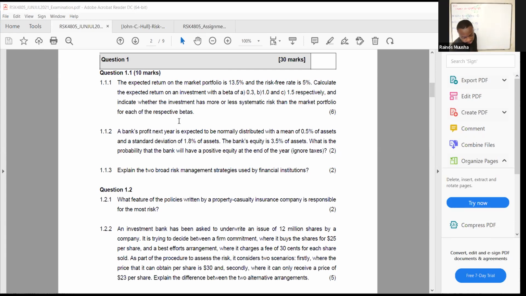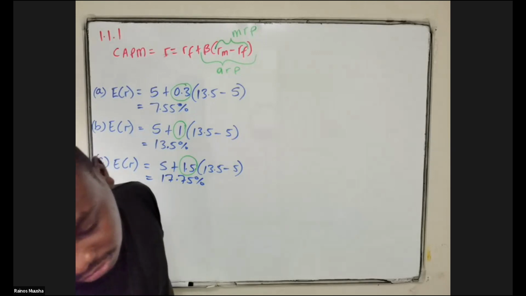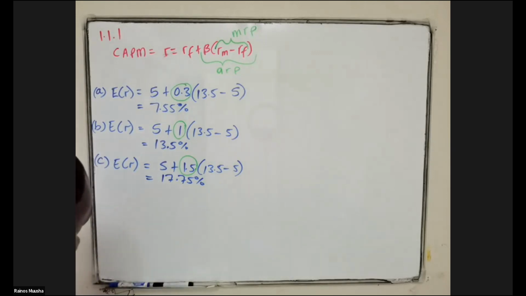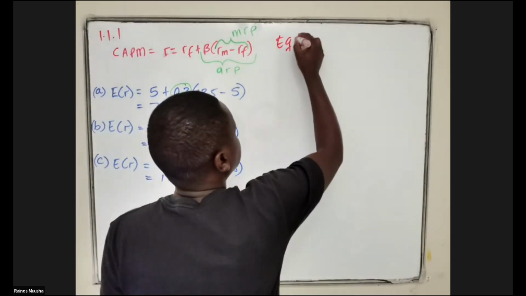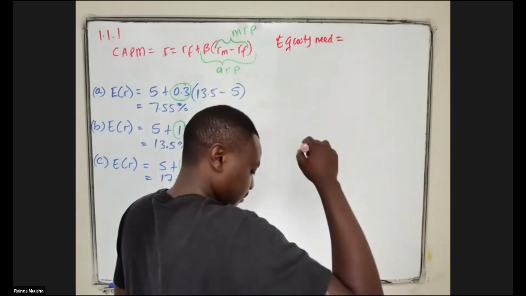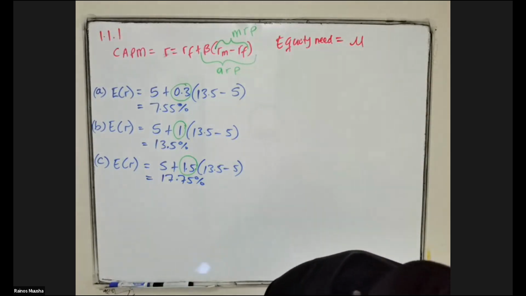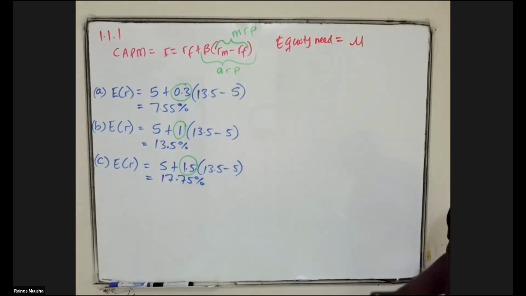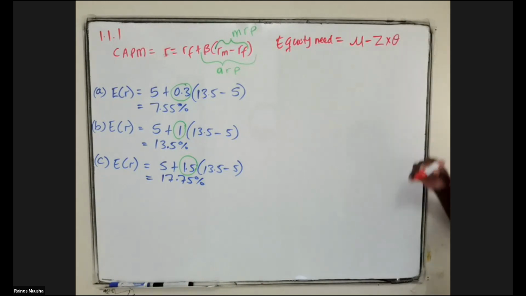In this case, the equity need is given as the mean minus the Z value multiplied by the standard deviation.